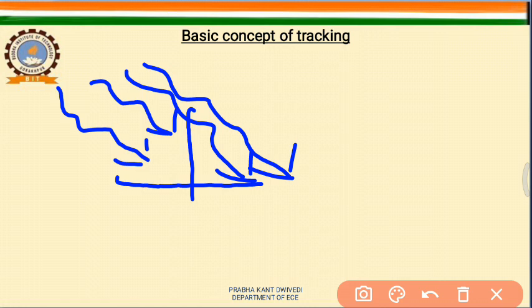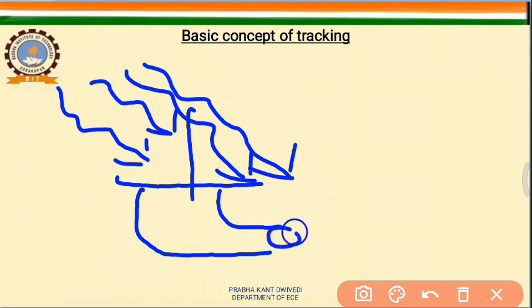So in the left side of this cell a large current is created, as it is receiving more energy, while the right side is receiving less energy, so there is a generation of less current on the right side.